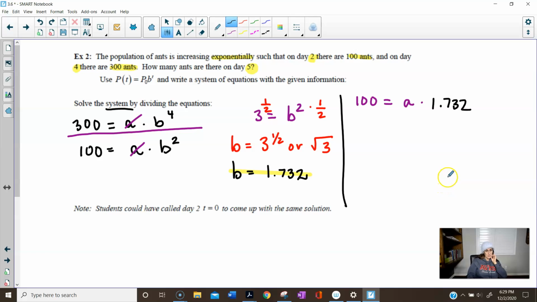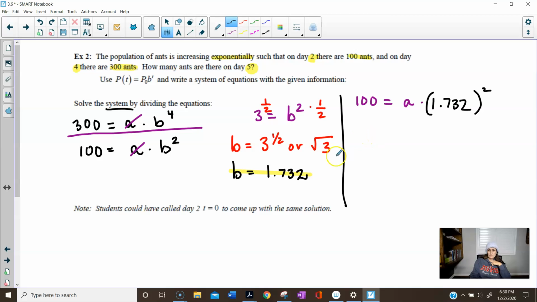So that's what I would do. But it's A times B raised to the 2nd power. So you would square that and then divide it over here to the other side. And that's going to give you what A is.